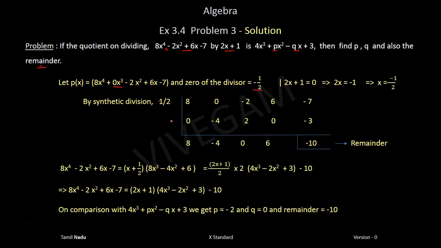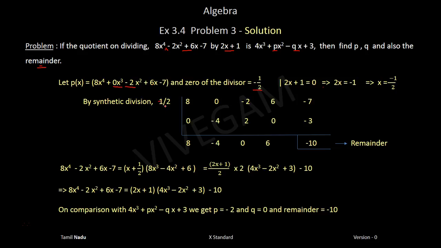Next, we have to write the quotient. But because the divisor is a fraction, we'll have to adjust for this. So this polynomial equals this quotient into this divisor, that is x equal to minus half, or x plus half equal to 0. Just change the sign of this whenever you put it here.